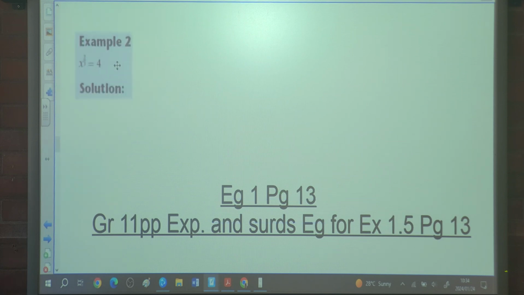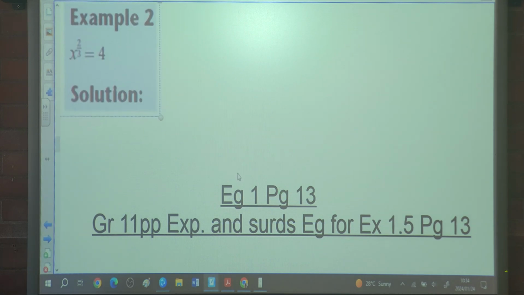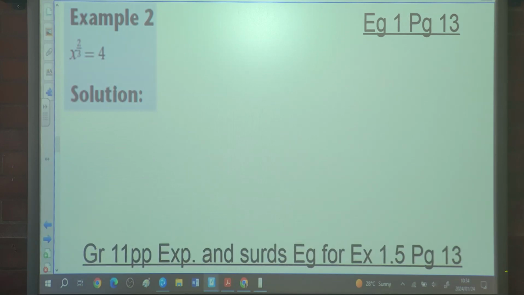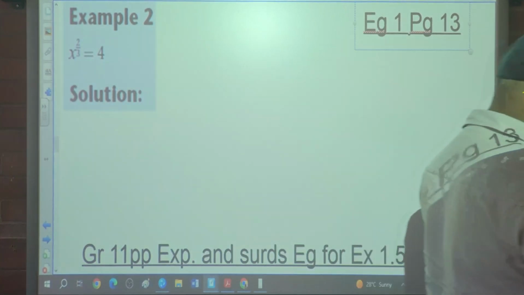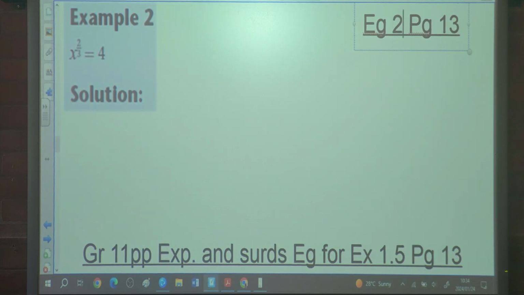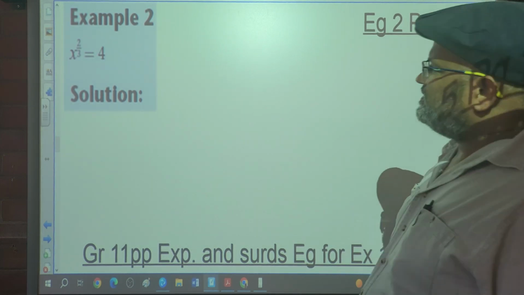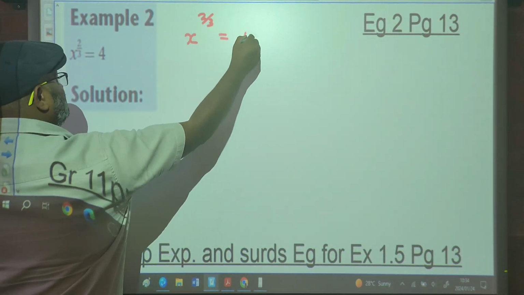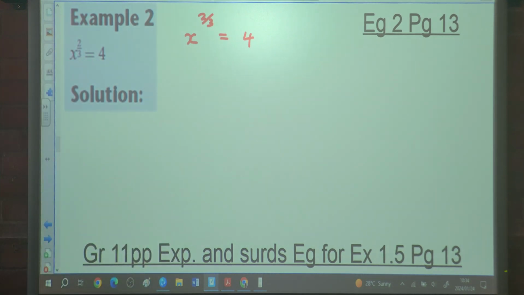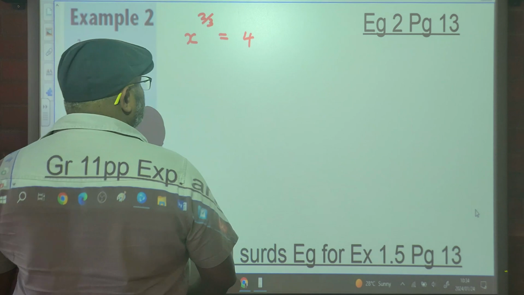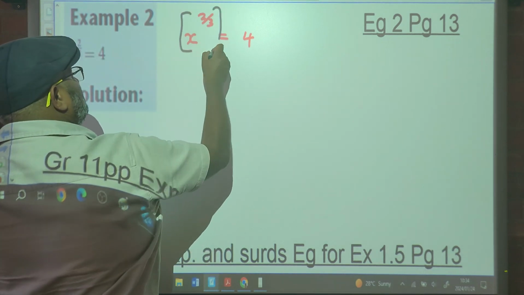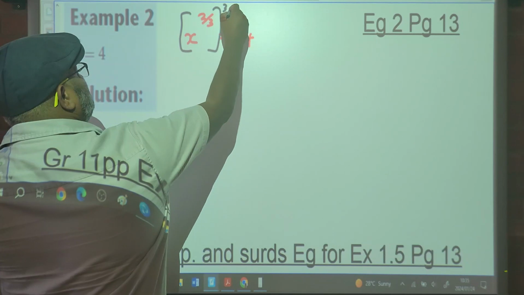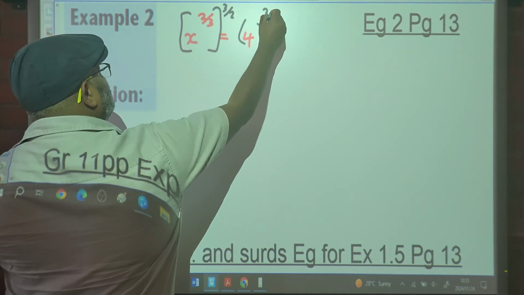Example 2. Here we have x to the 2/3 is equal to 4. What's the rule if the numerator is even? Add plus minus. So we raise this to its reciprocal exponent, which is what? 3/2.